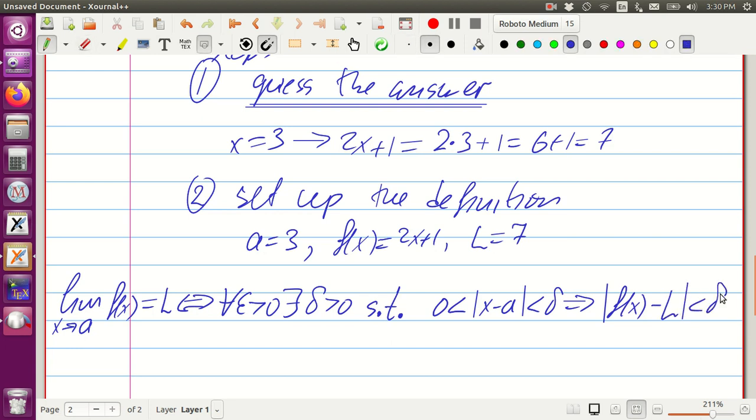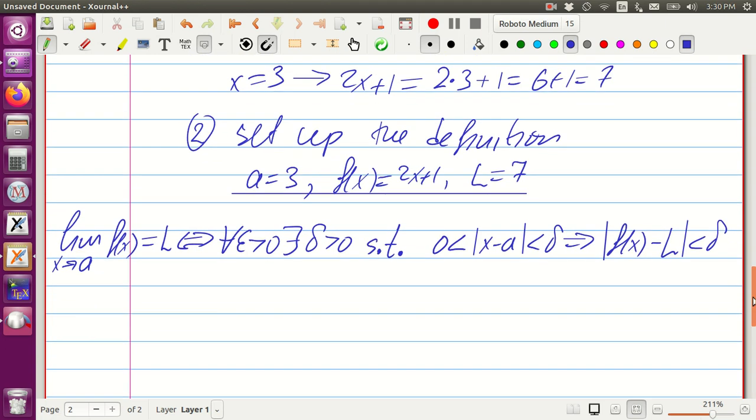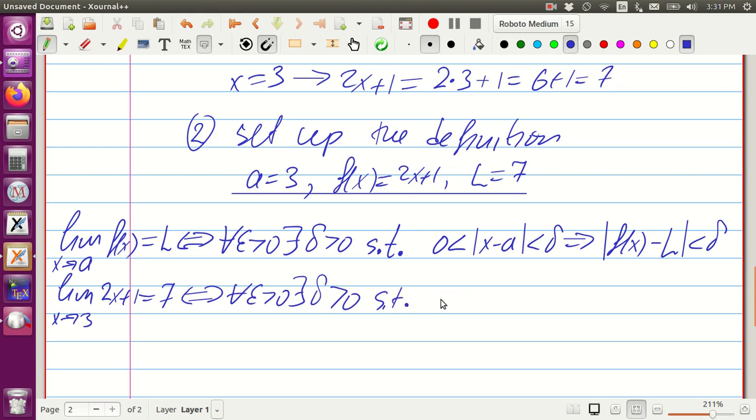So let's plug everything in that we have. We have a limit of f of x, so it's 2x plus 1 when x goes to 3 is equal to 7 if and only if for any epsilon, we cannot do much with epsilon, greater than 0, there exists a delta greater than 0, such that.